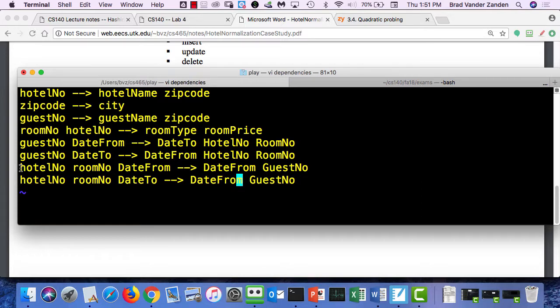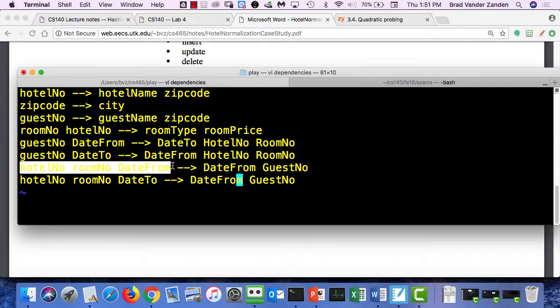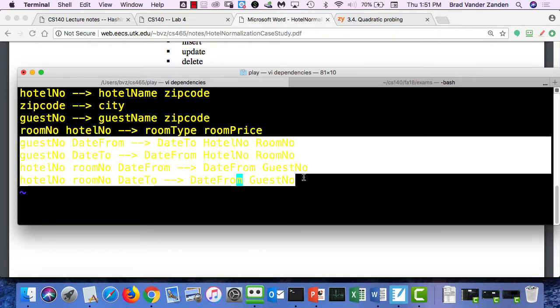Okay, same thing with your hotel room number combinations. Given a hotel number, a room number, and a date, you can get all the other information about a tuple. It uniquely identifies the tuple. So it turns out there essentially are 4 candidate keys defined by these 4 functional dependencies.